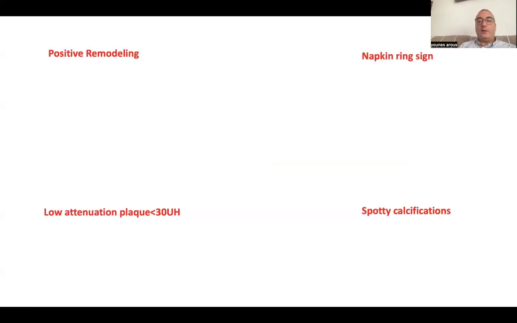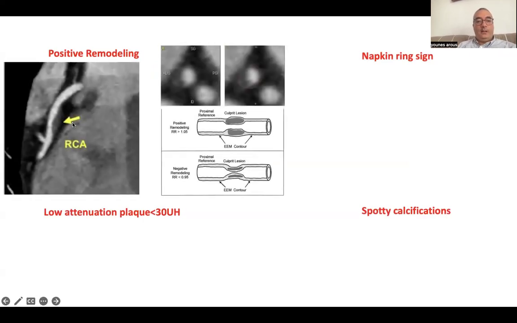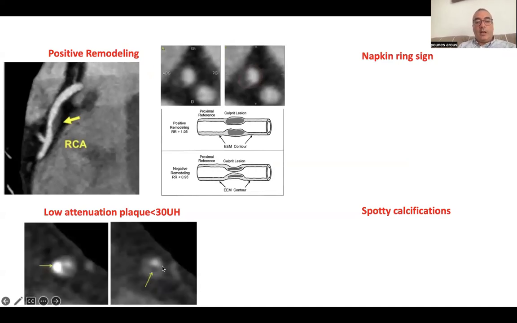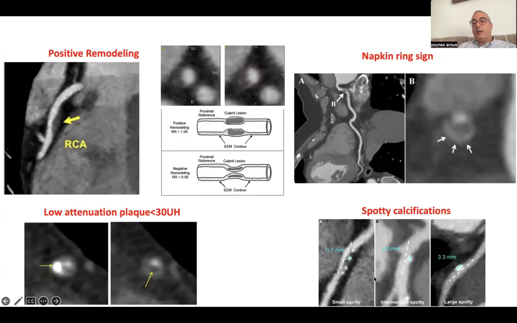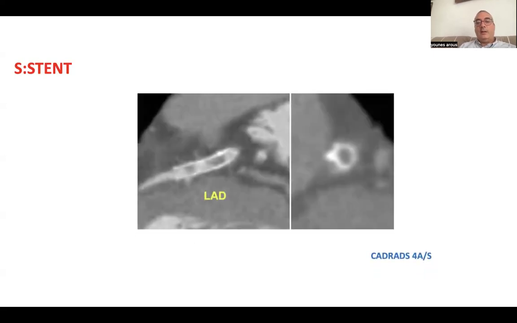So what are the signs of the high-risk plaque? It's the positive remodeling, the low attenuation plaque, peripheral hyperdensity, which is the napkin ring sign, or the presence of small spotty calcifications. We can add also S for stent, and a stent is classified like we classify a normal artery.